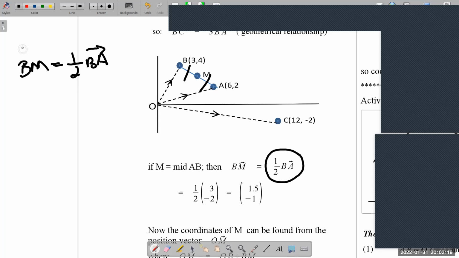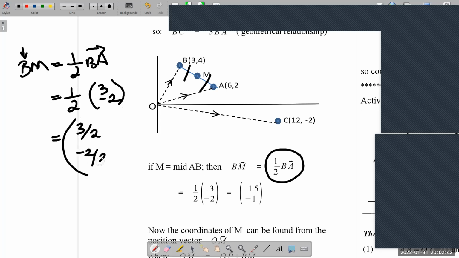You see the connections? So let's go. We found BA before, so we need to find half of 3, negative 2. All you had to do was divide 3 by 2. So you would say 3 over 2 and negative 2 over 2.